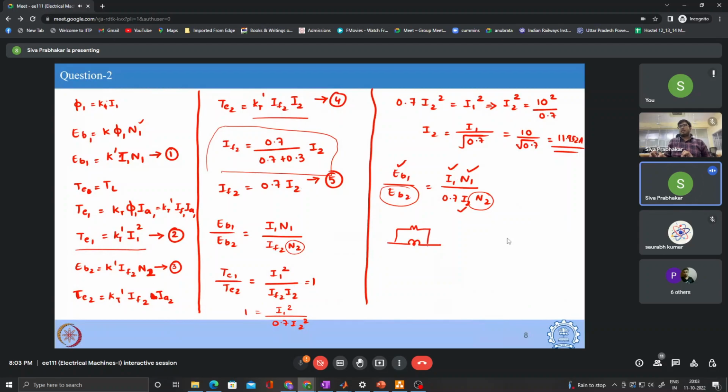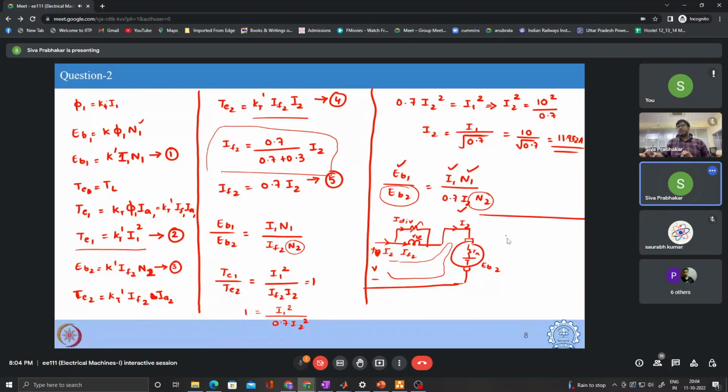There is a current I2 which is injected, and there is a voltage V appearing, and there is a resistance RA, and this current is also I2, and this current is now split into IF2 and I divider, and this is RSC, and this is RA, and this is the back EMF EB2 for the circuit.